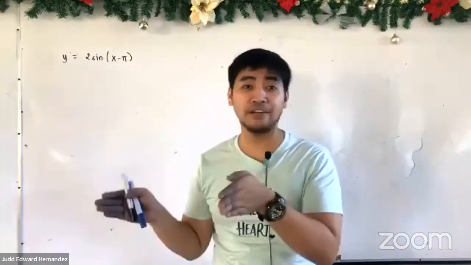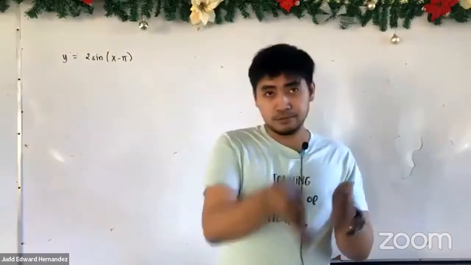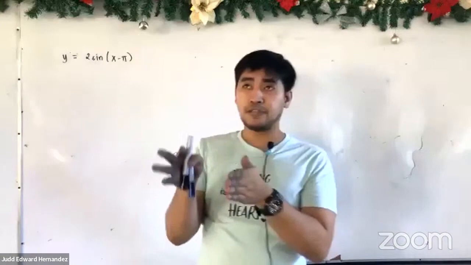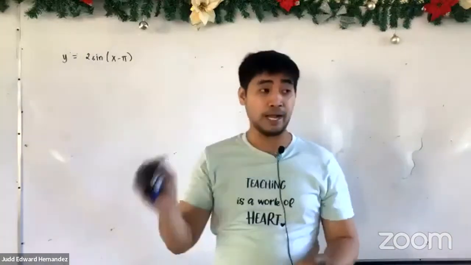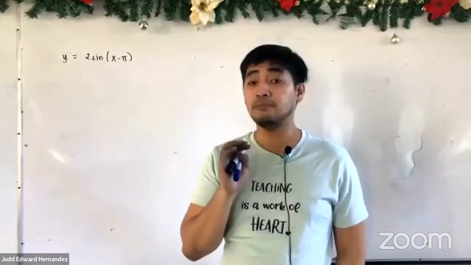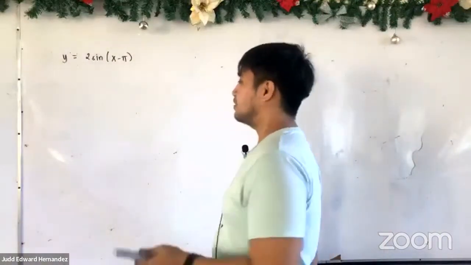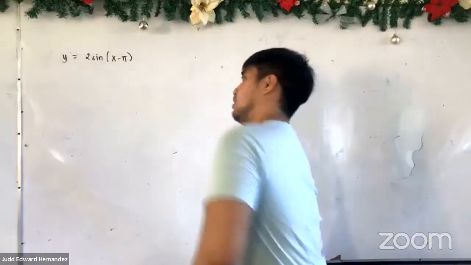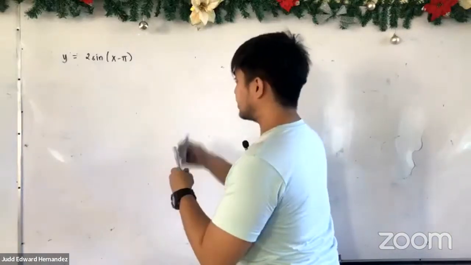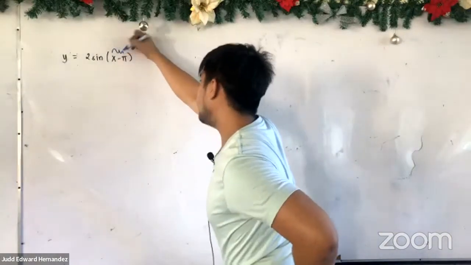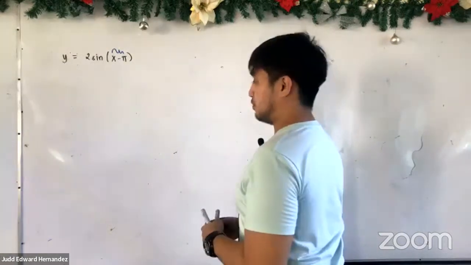Kasi nag-shift tayo from 0, pakaliwa or pakanan. Ibig sabihin, doon tayo ngayon magsisimula. Yun pala yung phase shift pag nag-move. Okay, so in this case, kung ano ang nasa loob ng parenthesis, yun yung phase shift.